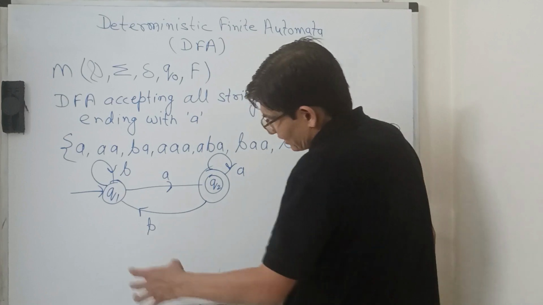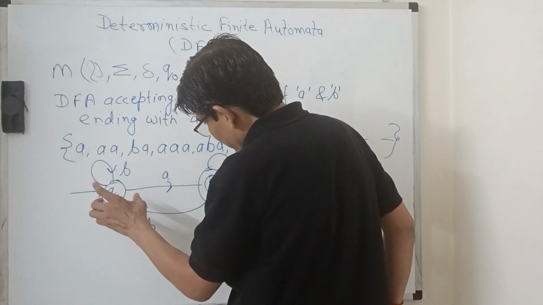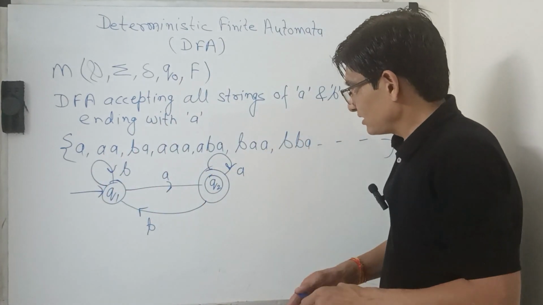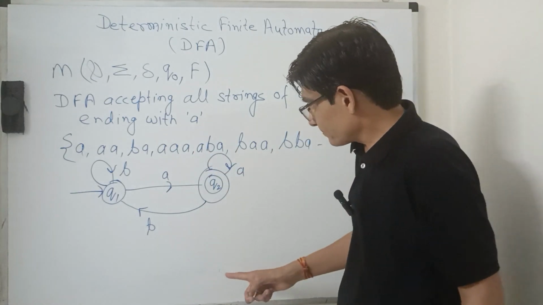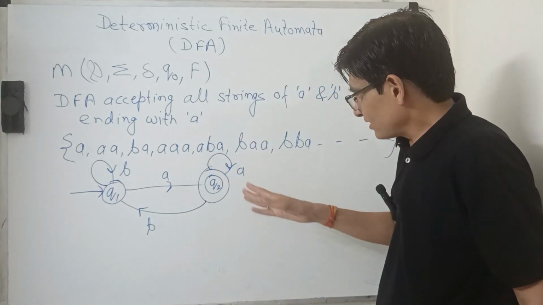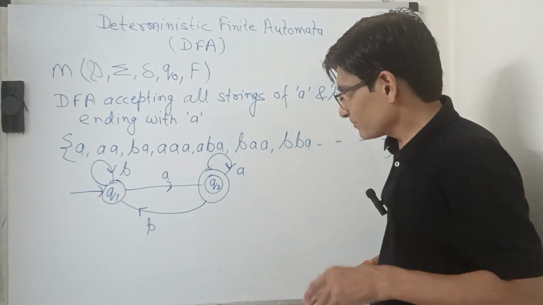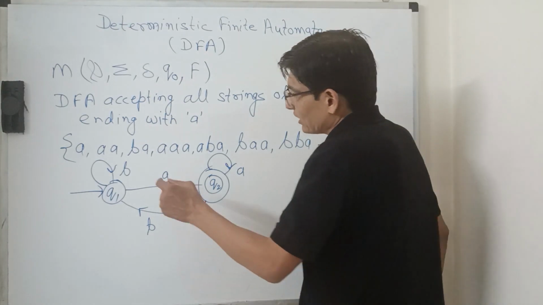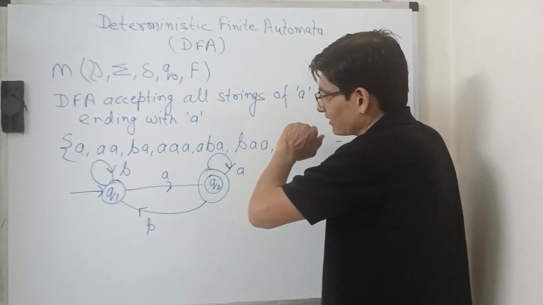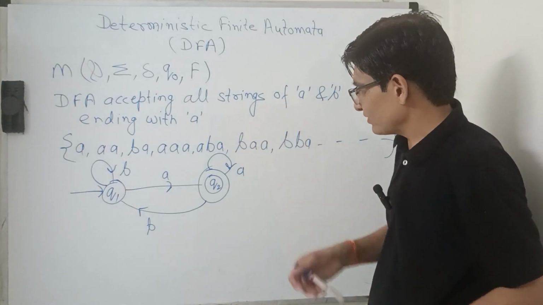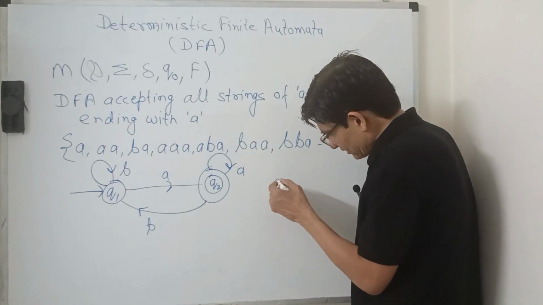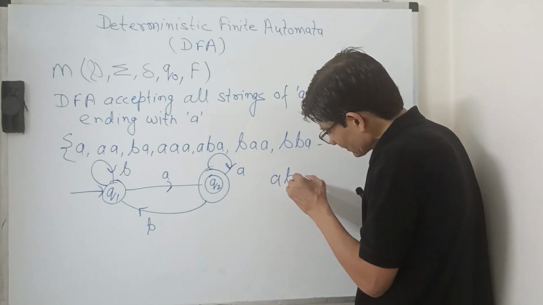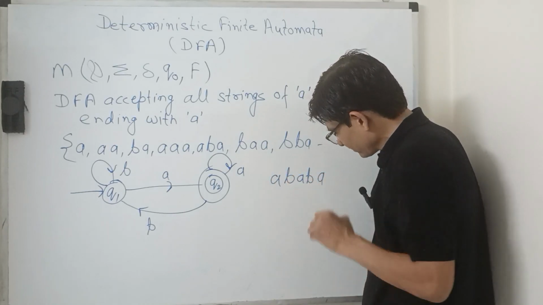Now if you give any string of this set, you will see that at the end of the string, the machine will be in the final state. See, if I tell you to create one string for this language, I can create BA.